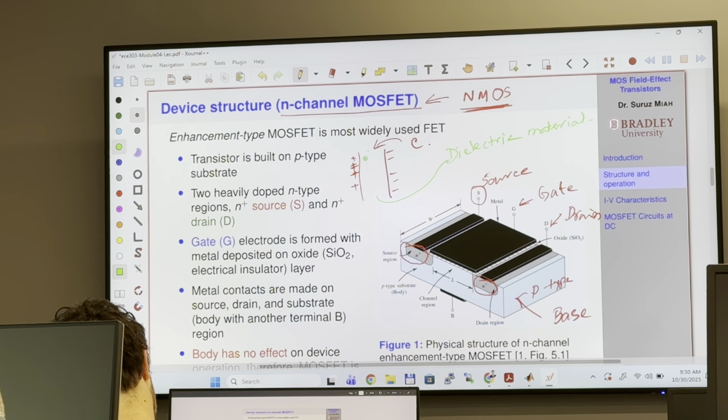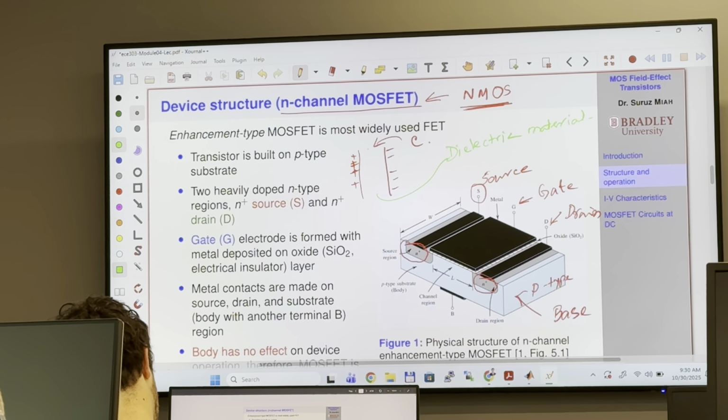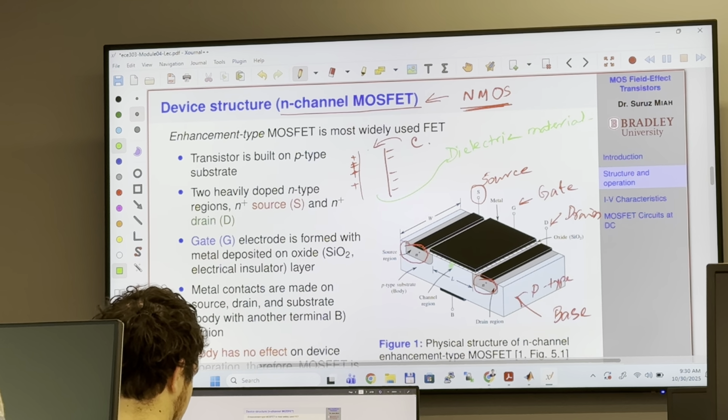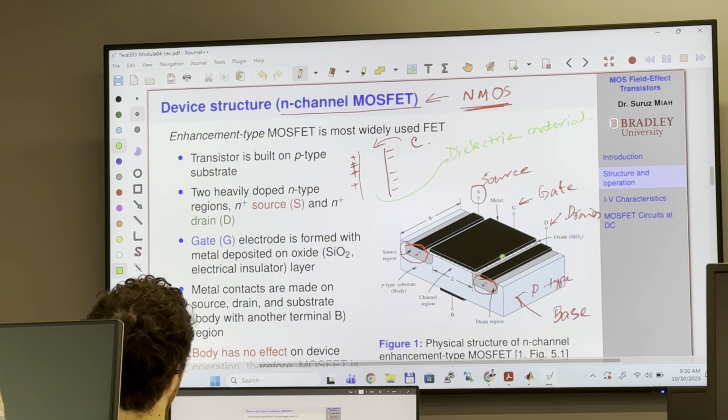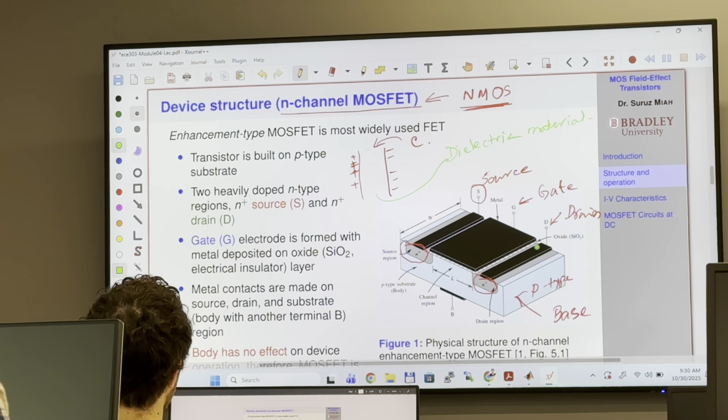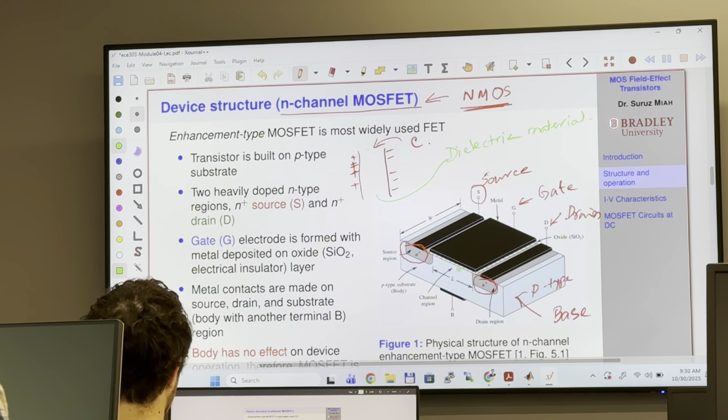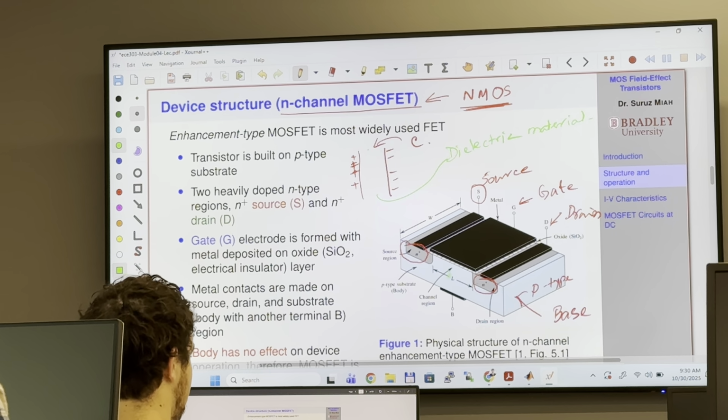Exactly the same principle is used right here. You have a metal here, which is a plate, and you have a base constructed with P-type material. In between you have the dielectric material, silicon dioxide. In between there is an oxide layer, called silicon dioxide.